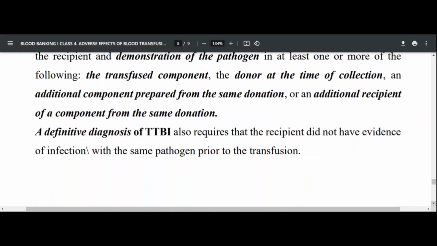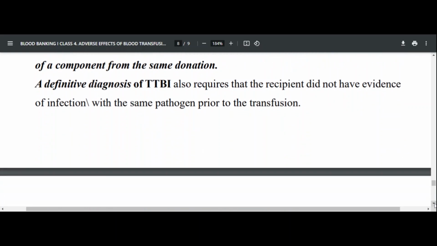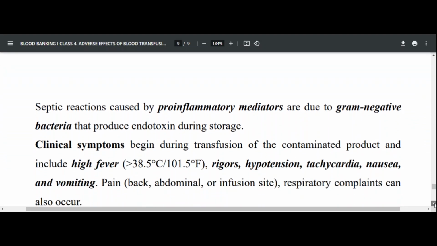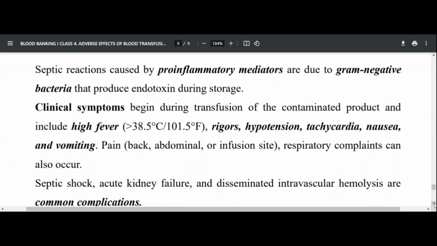So the definitive diagnosis of TTBI, transfusion transmitted bacterial infection, requires that the recipient did not have evidence of infection before the transfusion. If the patient had, then it's not a good thing. Also, secondly, septic reaction is caused by pro-inflammatory mediators due to gram-negative bacteria that produce endotoxin during storage.